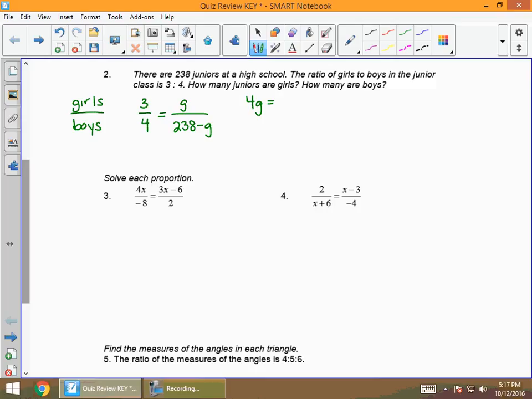So 3 times 238 is 714 minus 3 times G is 3G. And solving for G, I'm going to add 3G to both sides. So that is now 7G equals 714. And divide by 7, so G is equal to 102 girls.